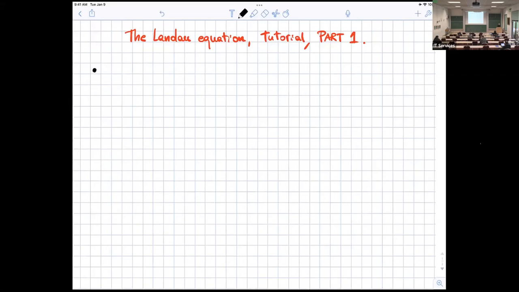So this equation was derived by Lev Landau in 1936, and his goal was to formulate a new PDE that models the time evolution of colliding particles with Coulomb potentials.